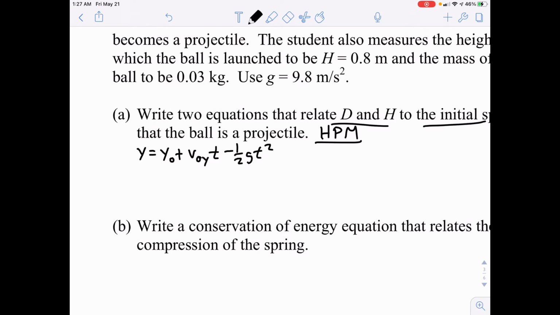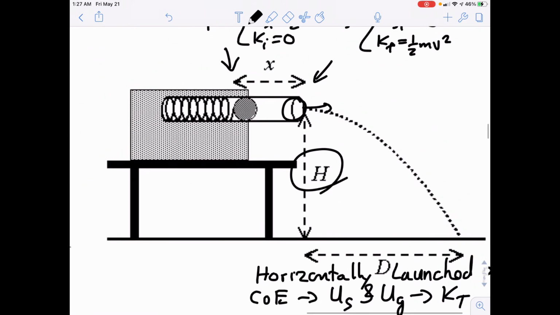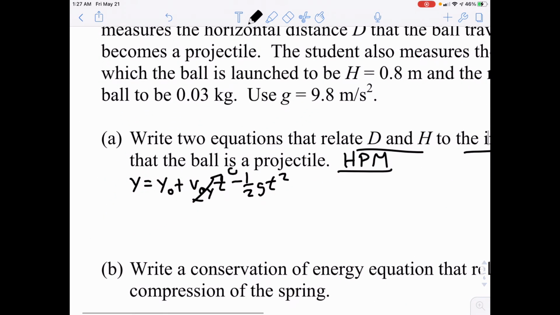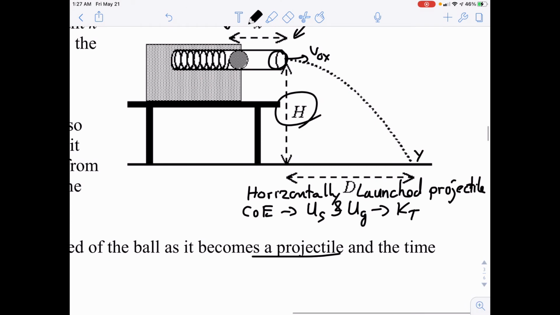That is at least how we remember to write it. V naught y off the edge is 0 because you're only going with v naught x. You're only going with horizontal velocity off the edge, so there is no vertical velocity, so we zero that out. I'm going to let y at the bottom be 0. I'm going to let y naught equal h.